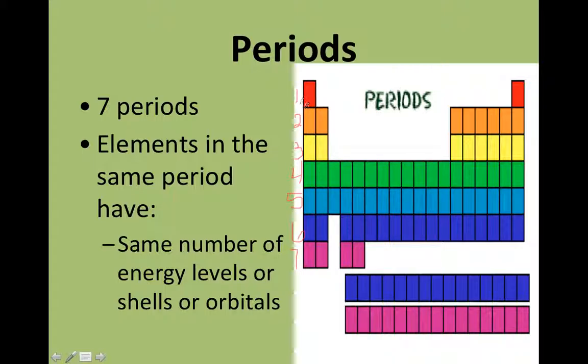Okay, so there are 7 periods when you go across, and elements that are placed in the same period have the same number of rings, or energy levels, shells, or orbitals. So all the elements in this first row have only one orbital, or one ring. Those in the second row have 2 rings, and so forth as you go down. And the one in the last row right here has 7 rings you're going to draw. We'll get to those later.